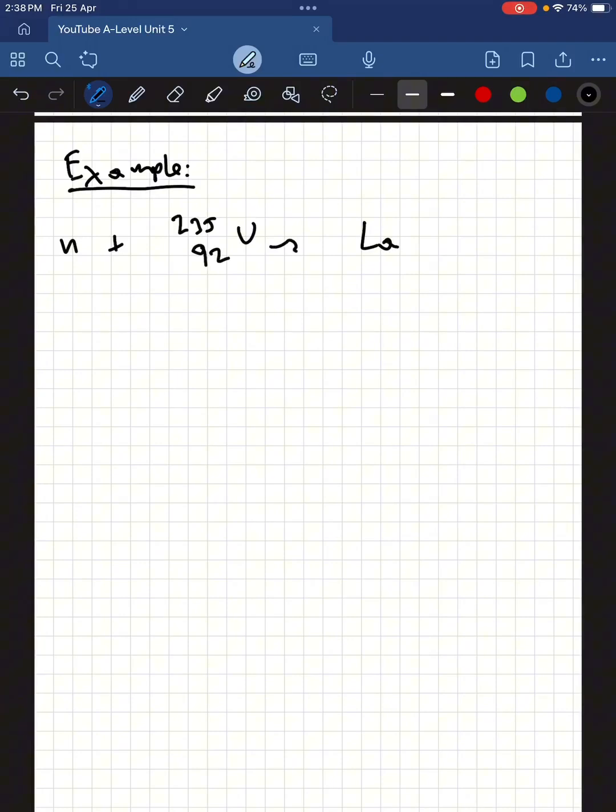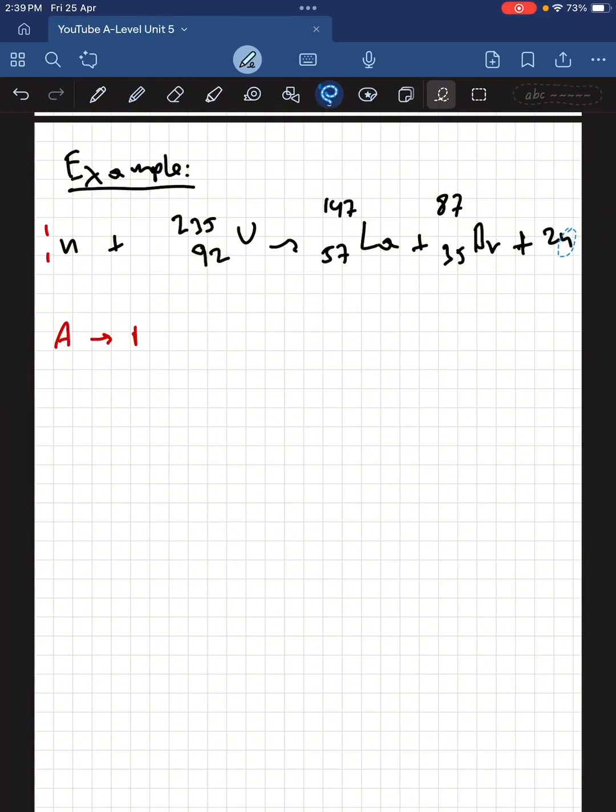This produces, I think it's called lanthanum, 147 and 57 protons, plus bromium with 87 mass number and 35 protons, plus 2 neutrons.